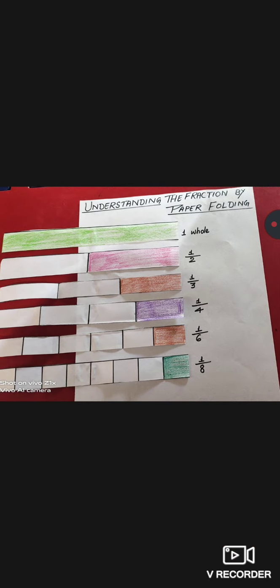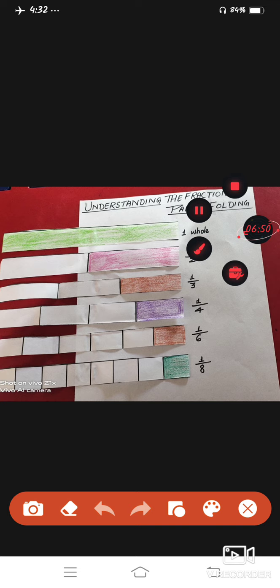Now let's shade one part. What fraction does the shaded part represent? Let's write it. Number of equal parts is 2. Here it is written.